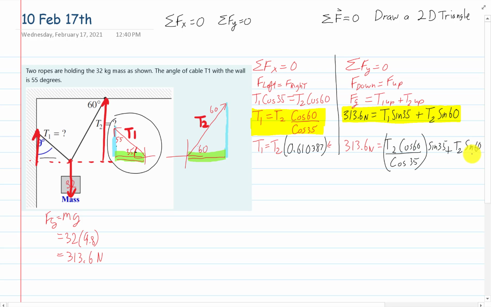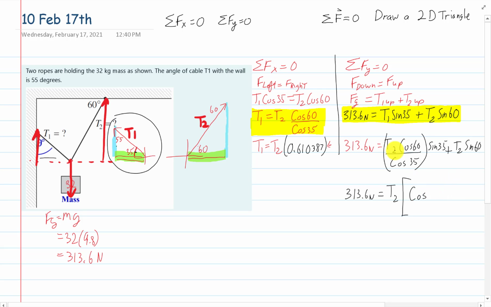Or if you're truly sadistic, you could isolate T2, and I'm going to do that. 313.6 N is equal to T2 times these three trig functions, cos 60, and I'm going to surprise you here. Whoops, I didn't write down the 60.